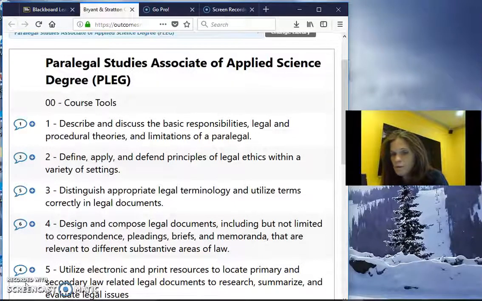There are primary sources of law and there are secondary sources of law. Primary sources of law are the laws themselves, where they come from: case law, or common law as it's also called, statutes, the United States Constitution, and also the constitutions of the states.